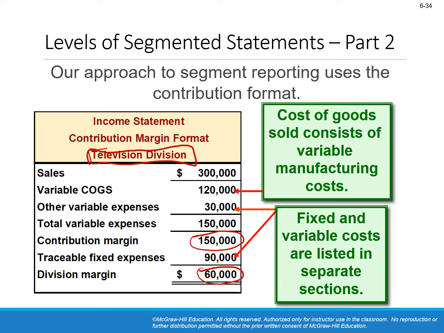So the television division only includes the traceable fixed expenses to this division. As for the other division, it has a different traceable fixed cost. The division margin is exactly the segment margin, which is similar to the contribution margin, but for a specific division or segment.